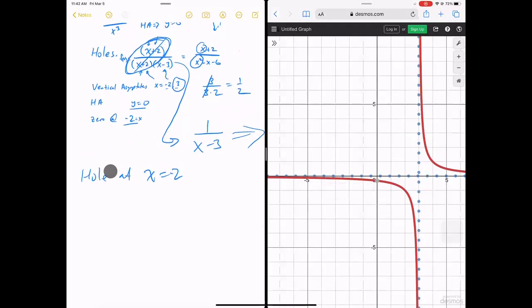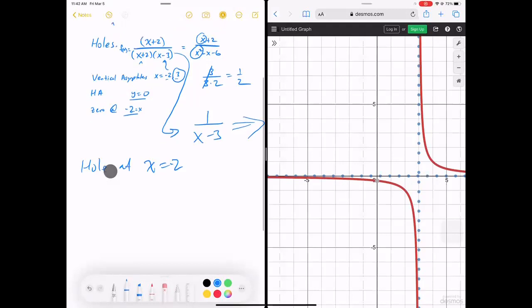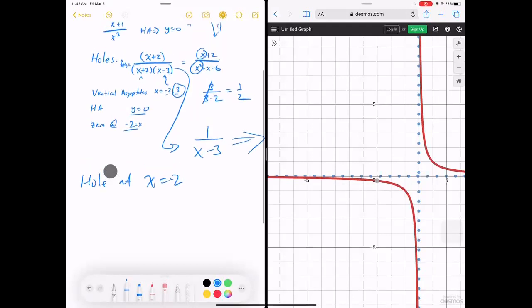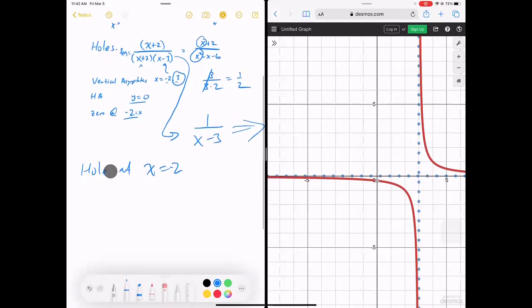We said initially that x could not be -2. That's what we initially claimed. X can't be -2 because that would have been a vertical asymptote. But it's not a vertical asymptote because it divides the top factor out. And that's our idea of a hole. A hole happens when we divide out a common term.